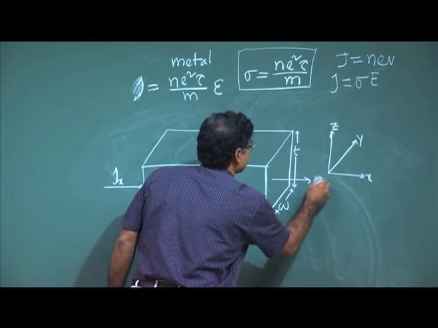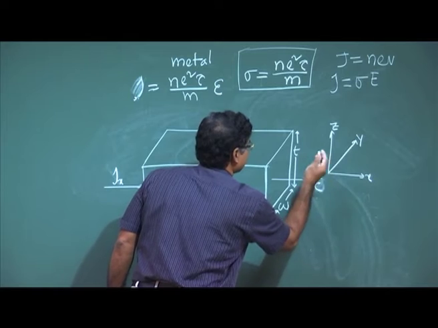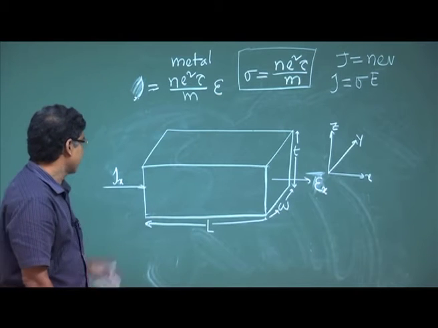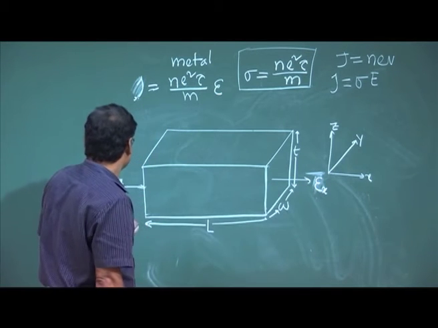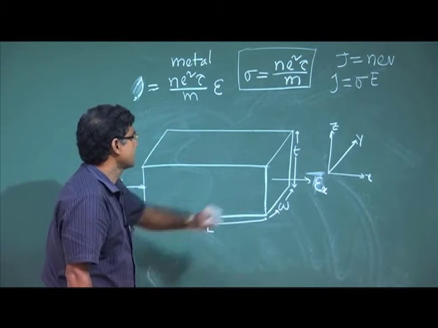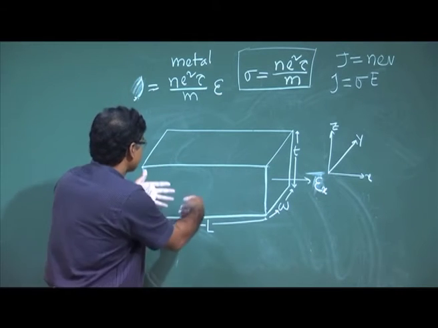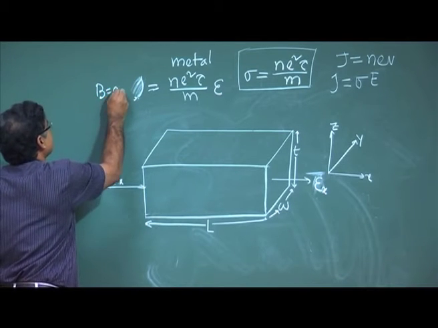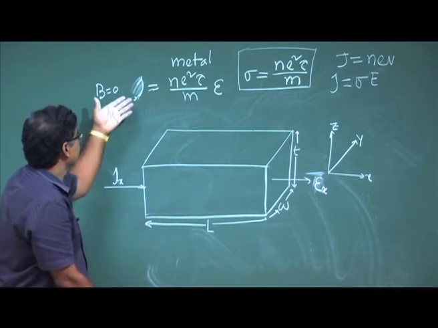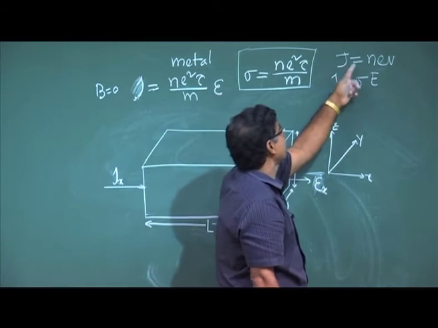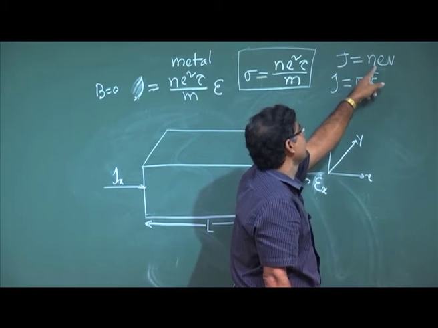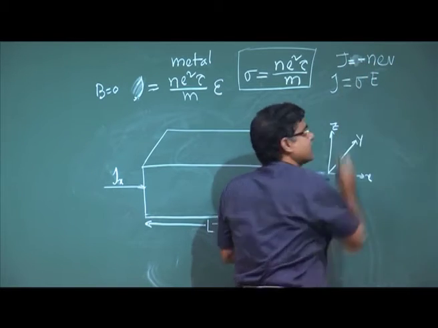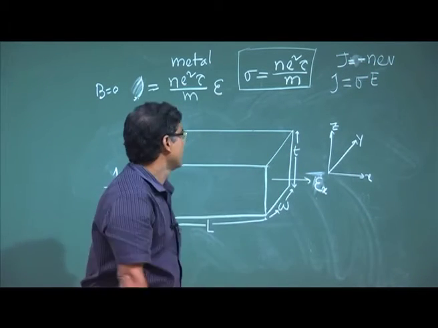Before applying any magnetic field, B equal to 0, the current density will be J equal to minus NeV, with a negative sign, that we have seen earlier.